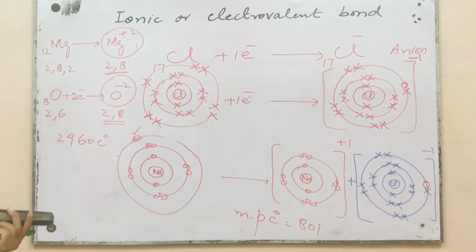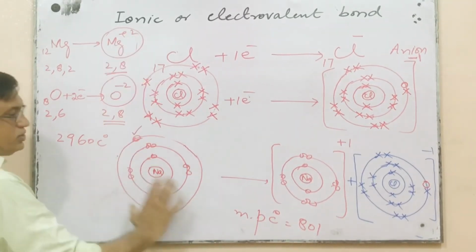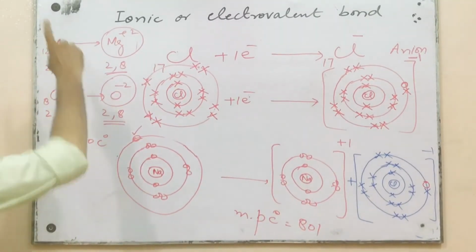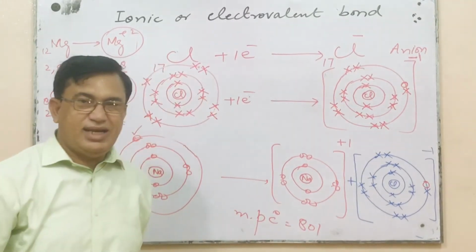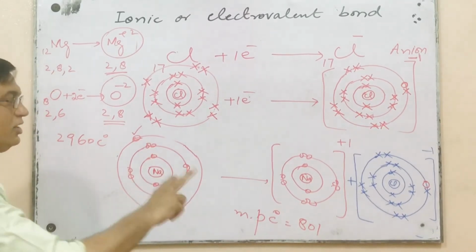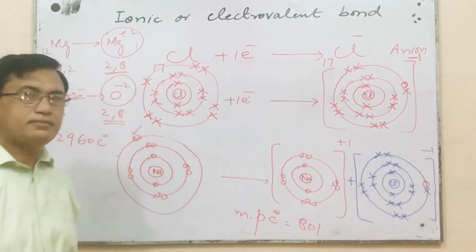It means that the melting point is directly related to the electrostatic force of attraction. The stronger the electrostatic force of attraction, the higher the melting point. And if the electrostatic force of attraction is less, then the melting point will also be less. The second factor, most important, is the size of cation and anion.